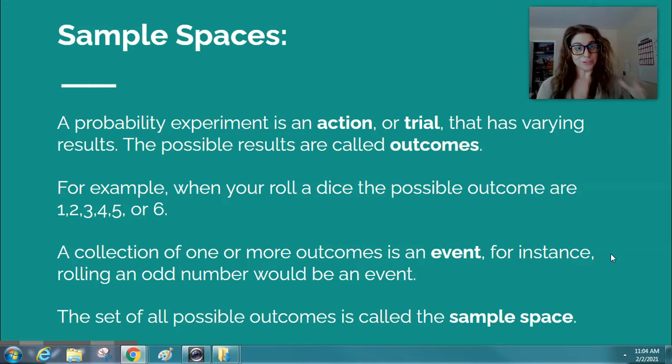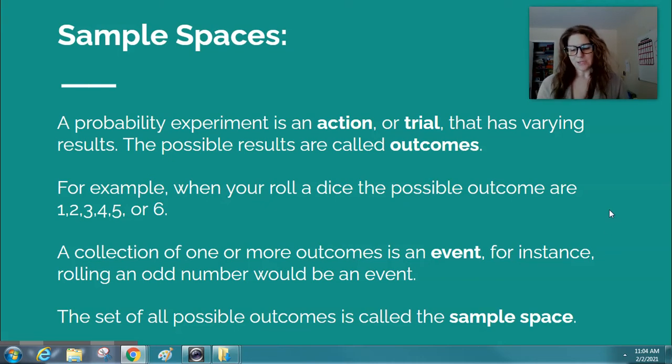The collection of one or more events, such as if I roll this dice and I get an odd number, such as 3, that is 1 out of the 6 possibilities. And that would be the outcome of the event, which could be found in the sample space that is listed.